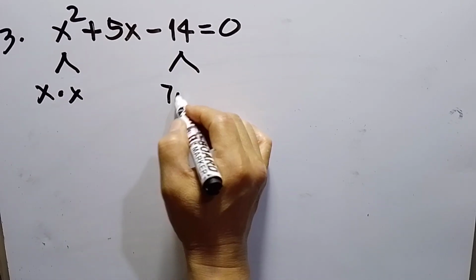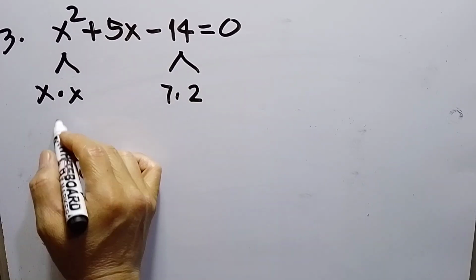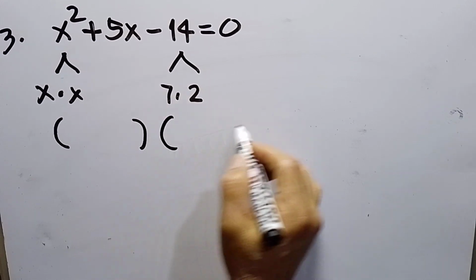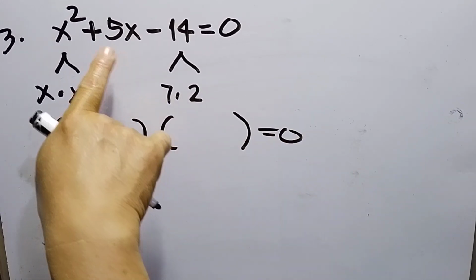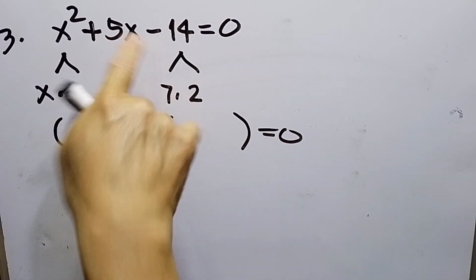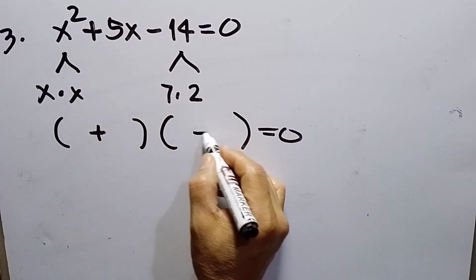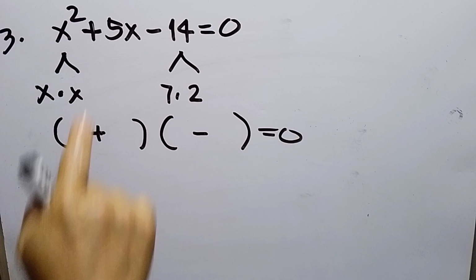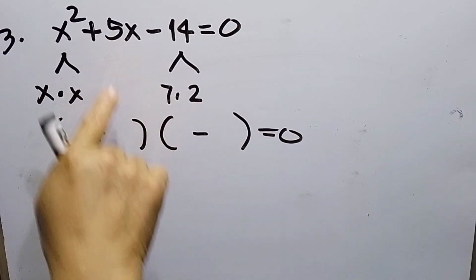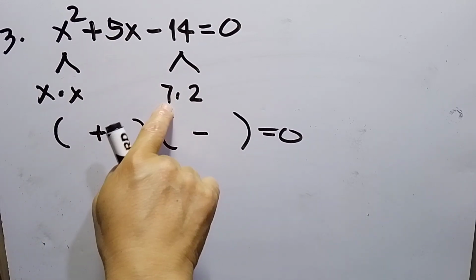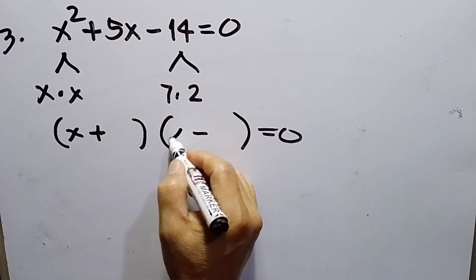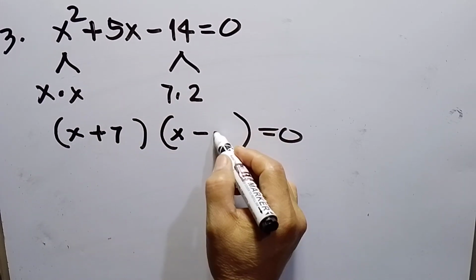This one will be 7 times 2. So take note, this one is negative. So I have two signs. So this will be plus and minus. Since I know that this is plus 5x, I want to use this one as positive. So this will be x, 7, and then this is 2.